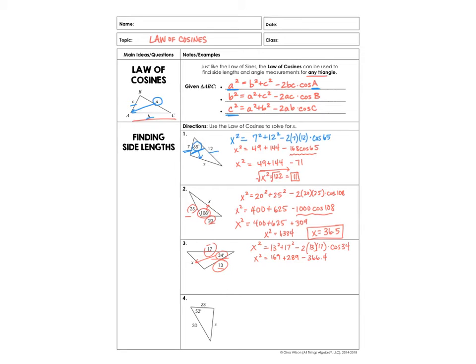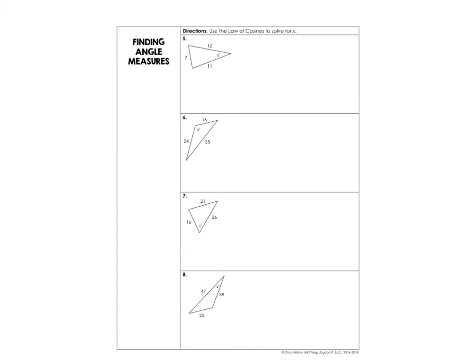So go from left to right. 169 plus 289 minus 366.4 gives us 91.6. So you get x squared equals 91.6. And then to solve it, you take the square root to get x by itself. And you get 9.6. Okay? Number 4 works the exact same way. Let's look at something that's different.